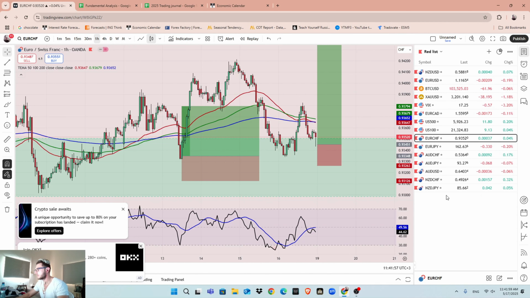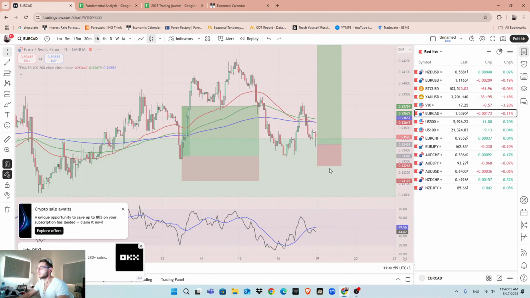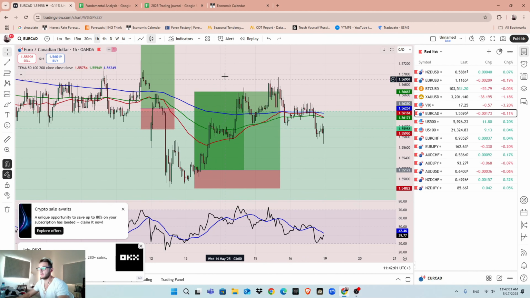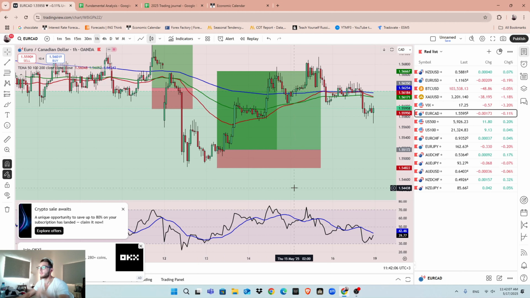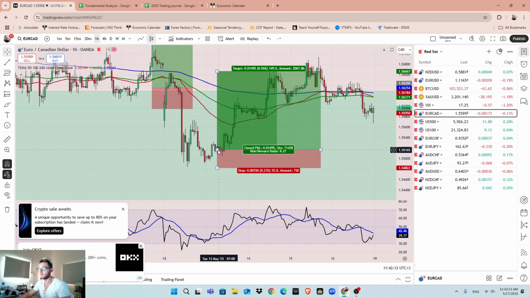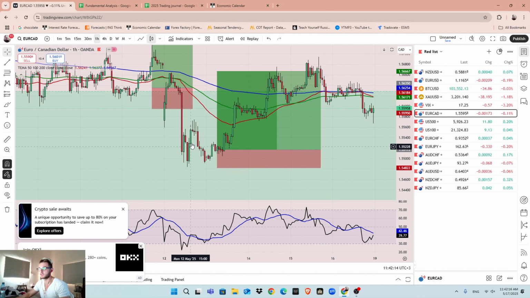Now, another trade that I took was EURCAD. Same idea, but the EURCAD entry was before the news, 20 hours before the news. I had this shift in market structure right here.